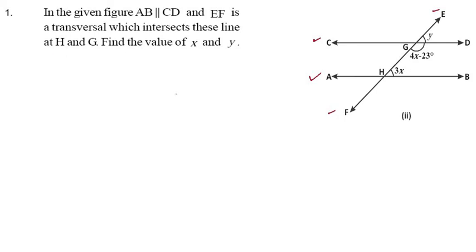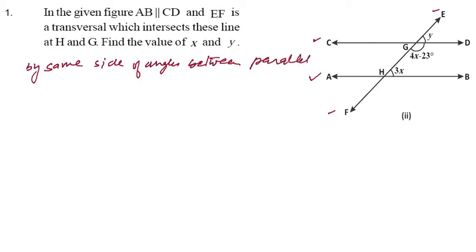So first of all, by linear pair and then by same side angles between parallel lines, their sum is 180 degrees.